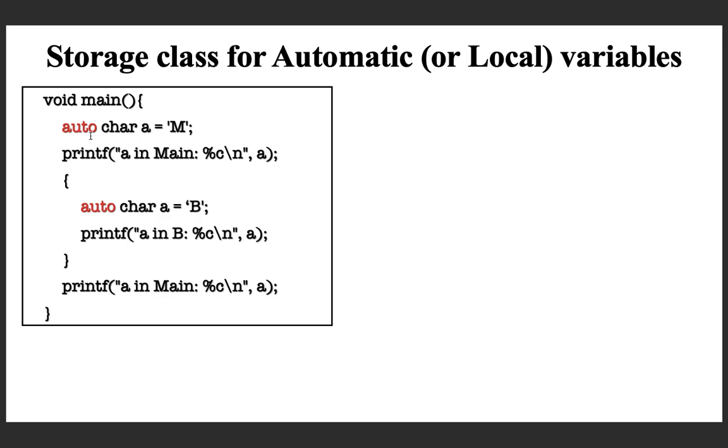So if you prefix the declaration statement with auto, then you are saying that okay, all those variables are automatic variables, and you can only use it inside a function like this.